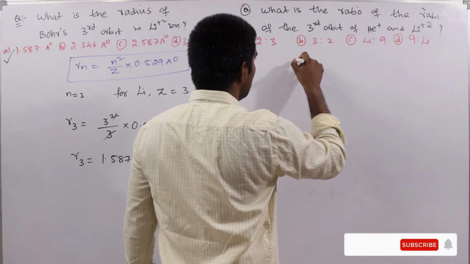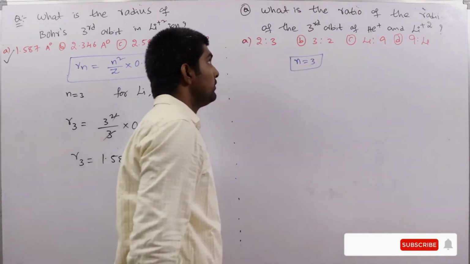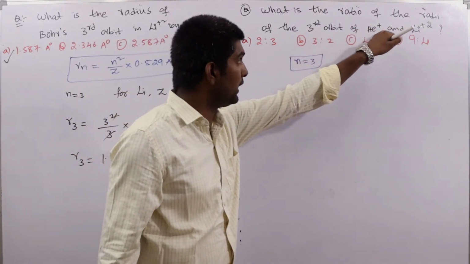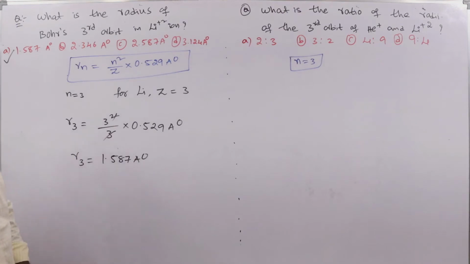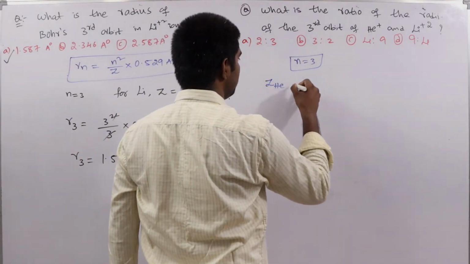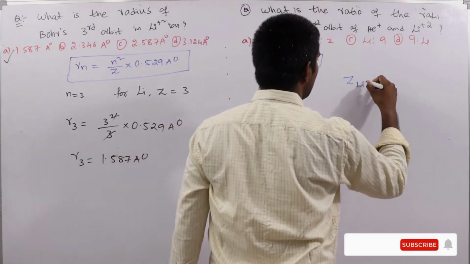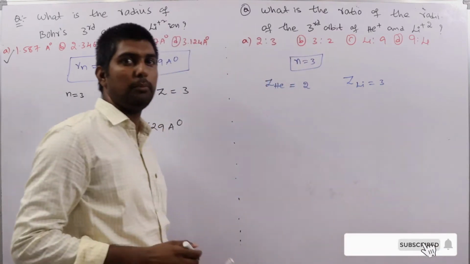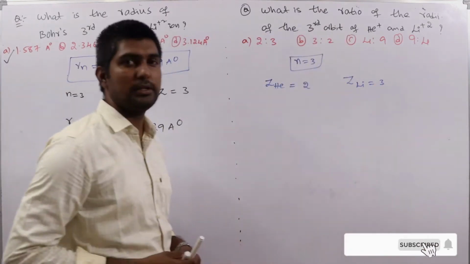For both, n is equal to 3, the third orbit of helium plus and lithium plus 2. So n is 3 for both species. And z of helium is how much? 2. And z of lithium is how much? 3. So the atomic number of helium is 2, and the atomic number of lithium is 3.